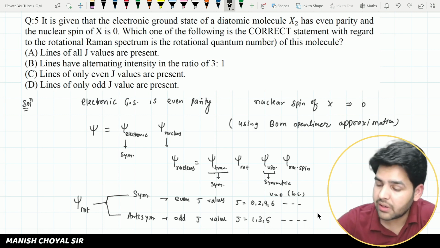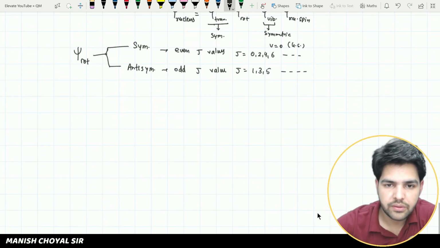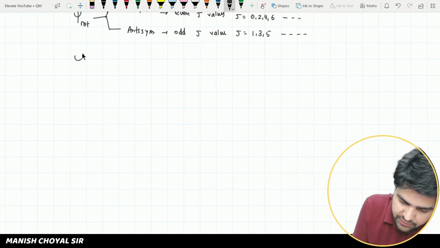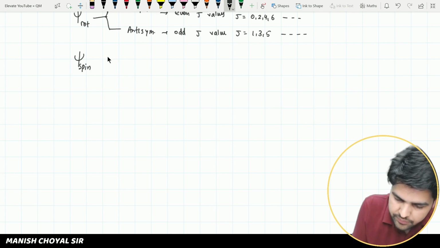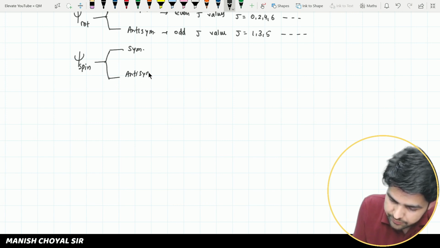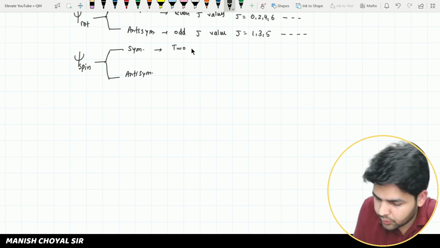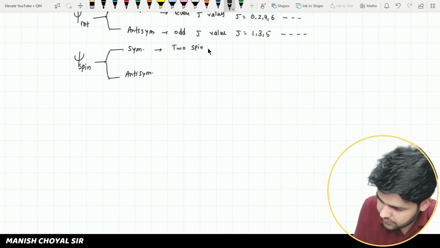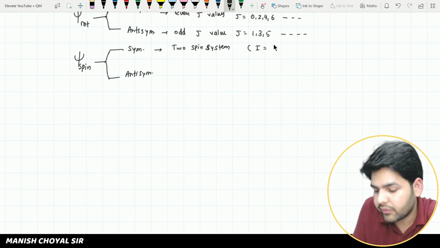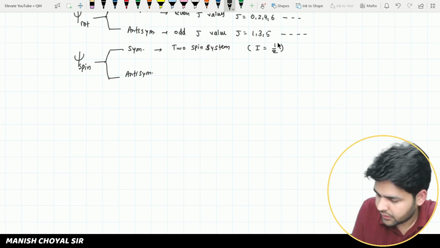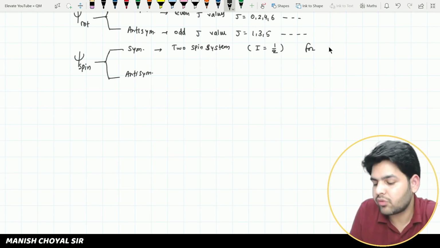Now similarly for the spin, symmetric and antisymmetric. For a two spin system, we take I equals 1/2 for the H2 molecule.